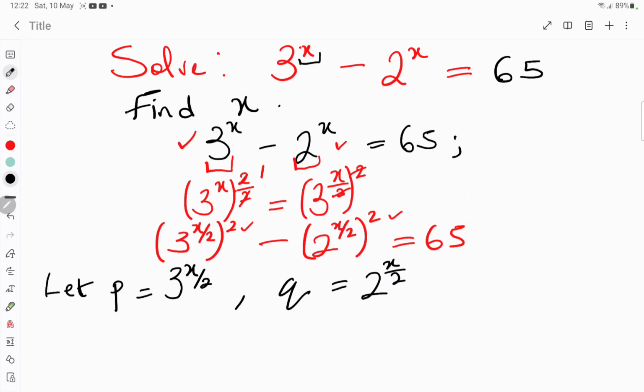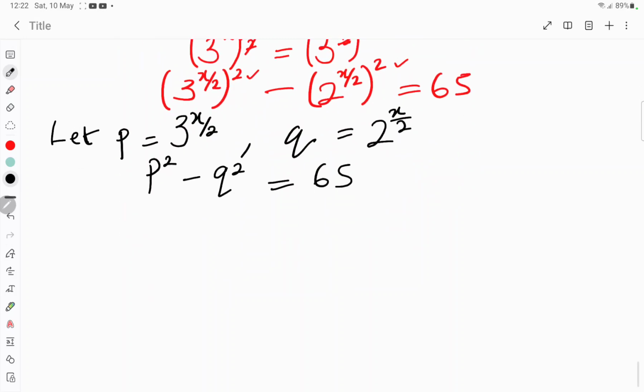So now we substitute back the values of p and q in the initial problem. If you substitute, we have p squared minus q squared is equal to 65.